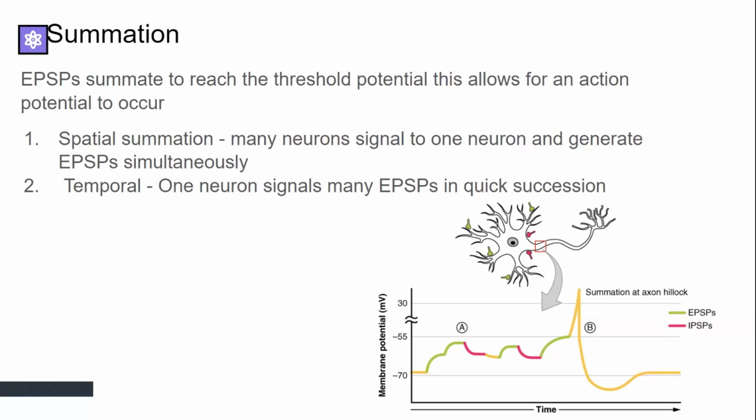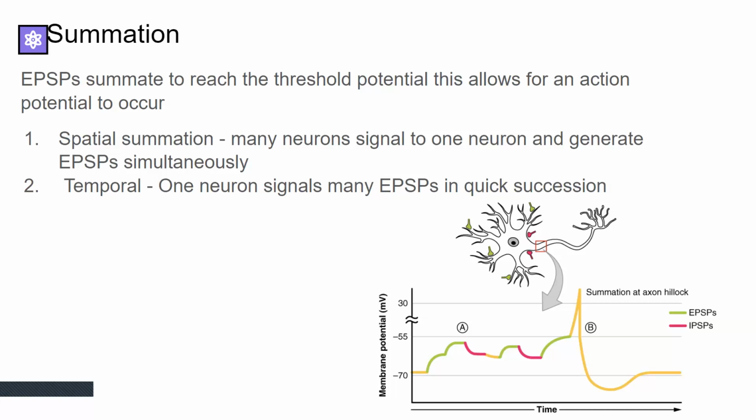Summation. Summation essentially refers to these EPSPs when they're triggered. So signals are being sent to this neuron, for example. The way this neuron could be pushed up to a level where it has an action potential is in two different ways. Number one, a neuron continuously fires off to the second neuron and tells it, get excited, get ready, keep on going until you hit that threshold.